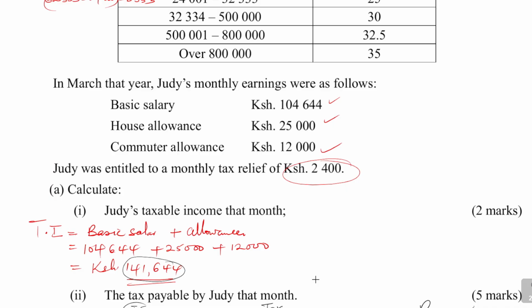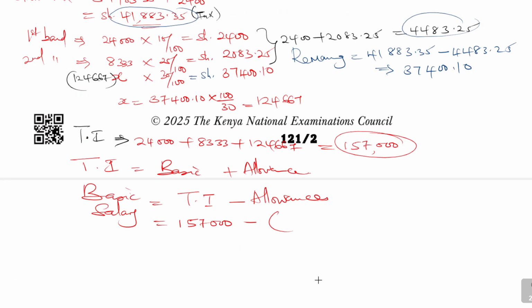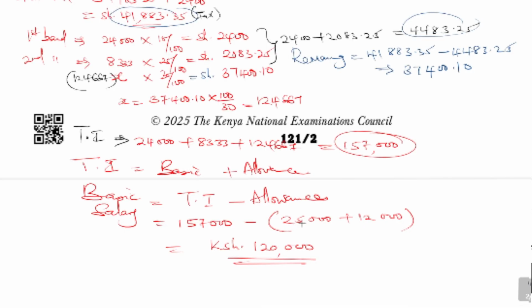We have two allowances, 25,000 and 12,000. When you subtract using a calculator, you get the basic salary of 120,000. So that is how you're supposed to solve that question.